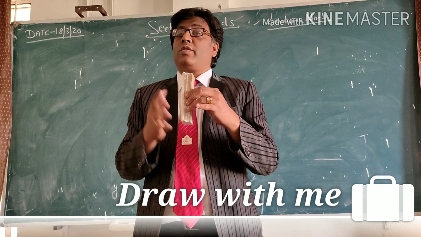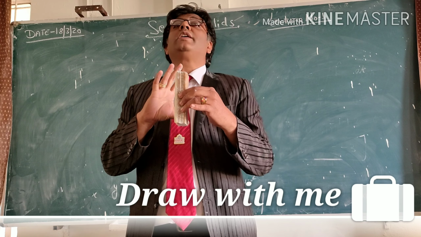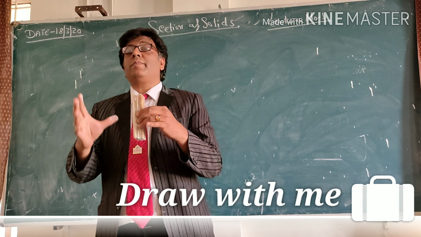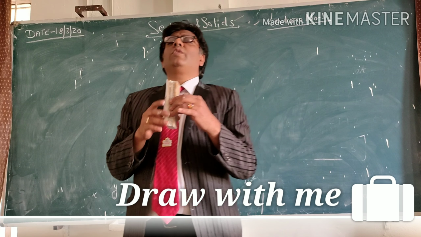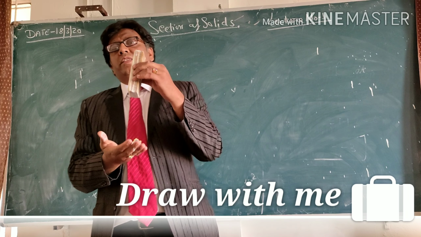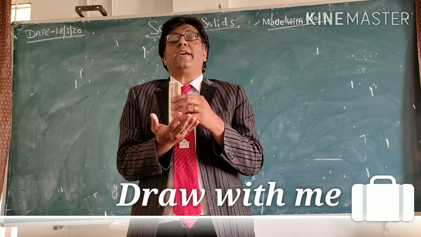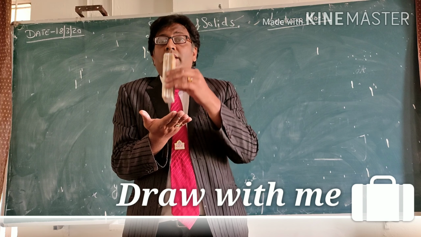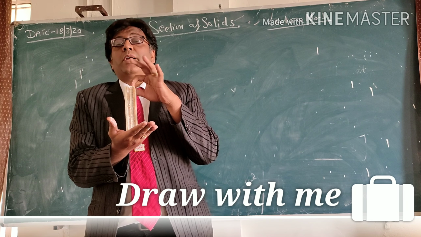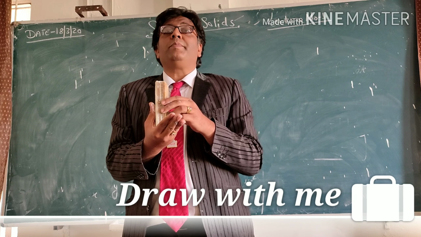You have already done a lot of problems on square prisms and square pyramids in projection of solids. So this square prism is resting on HP on its base, and in this condition its axis is perpendicular to HP and parallel to VP.